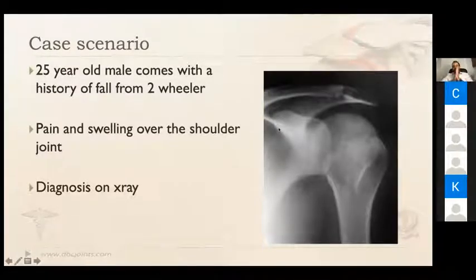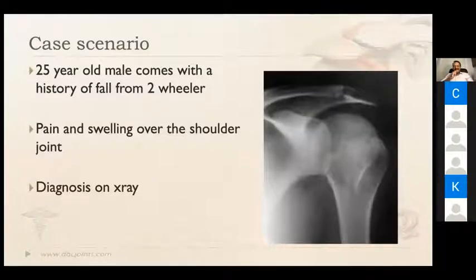What are the views of the shoulder you would take in a trauma situation? What X-rays would you advise? An AP view or a true AP view? What is the difference between an AP and a true AP view? The plate is held oblique.